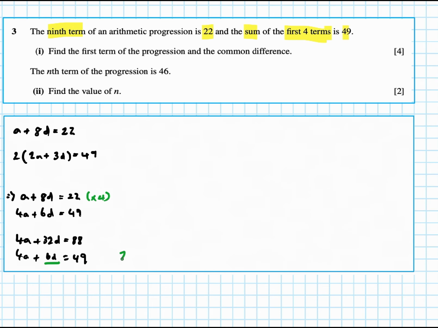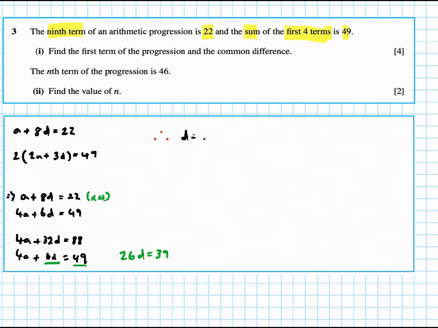You have a calculator at your disposal, use it if you need to. 26d is equal to 39. You don't really need your calculator, but just in case. So d is equal to 3 over 2.